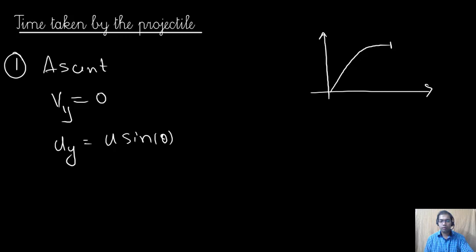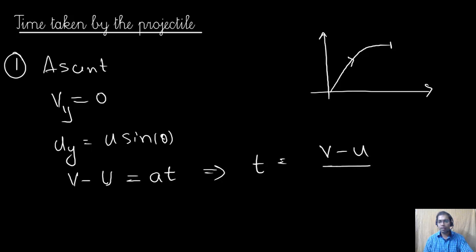So what we can do is find the time of ascent, that is, for it to move up to the highest point, using the first equation of motion, which is v minus u is equal to at, or t I can find as v minus u by a.